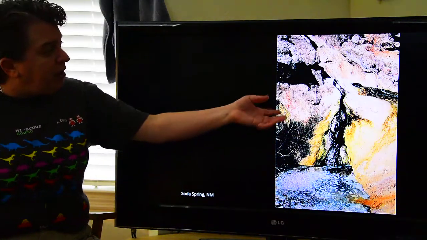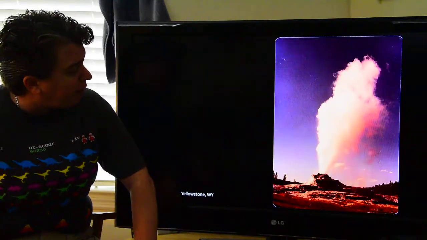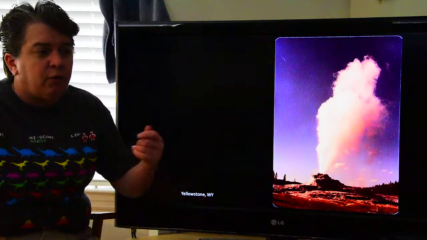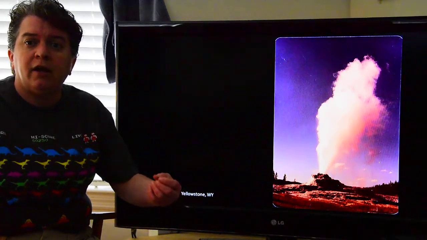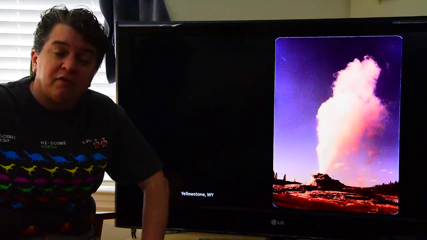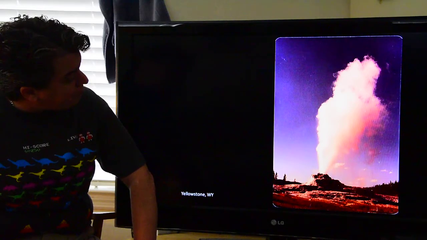It comes out of the ground, not quite at boiling, but it is definitely some very warm water. This is a geyser. The water underground is superheated to the point where it ends up under pressure and explodes out of the ground. That's Castle Geyser in Yellowstone.